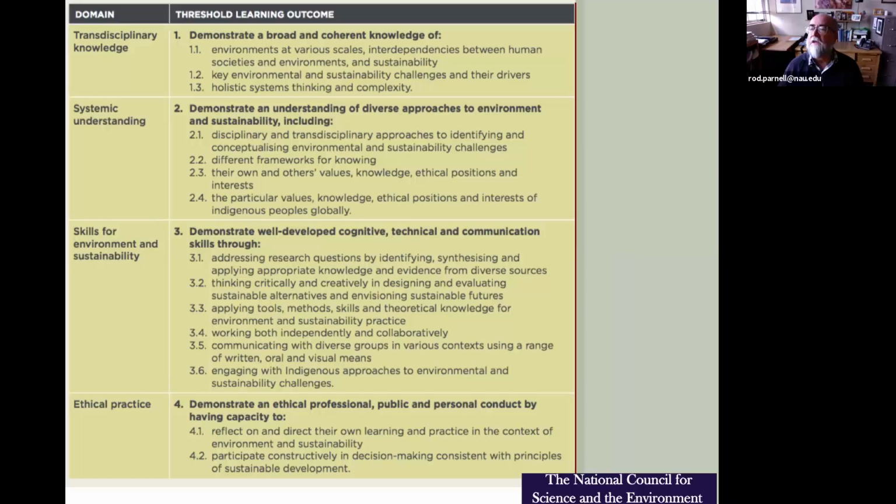But you can see that they focused on the same kinds of things that the Vick et al. model has done with respect to norms, with respect to skills and knowledge bases, with respect to systems thinking, with respect to interpersonal competence.